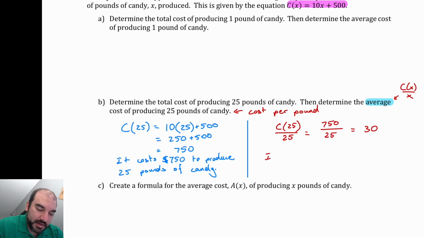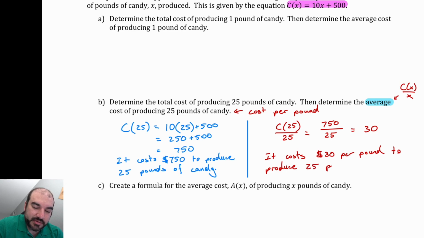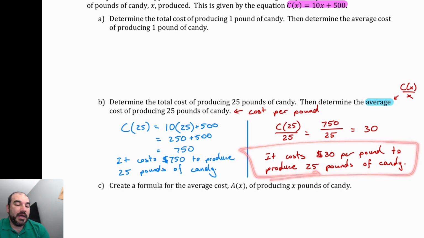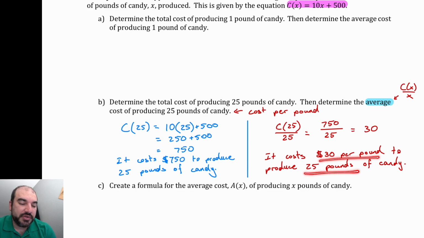That means it costs $30 per pound to produce 25 pounds of candy. Right, and this should make sense because if you were given this information, it's $30 per pound to produce 25 pounds of candy, you would find the total cost by just multiplying these two numbers together. So it makes sense to divide by the number of pounds to get your per pound costs.